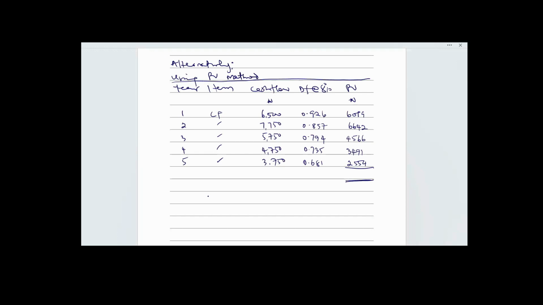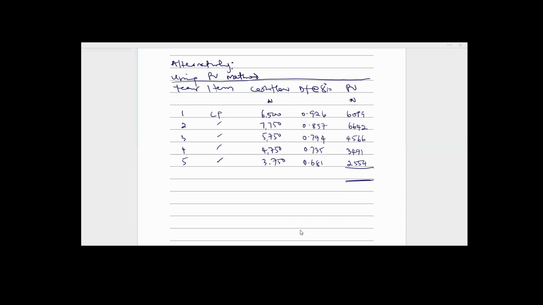So let's get the present value together. I will expect that one of you would have gone ahead to add up the numbers, but alas, you are not interested.